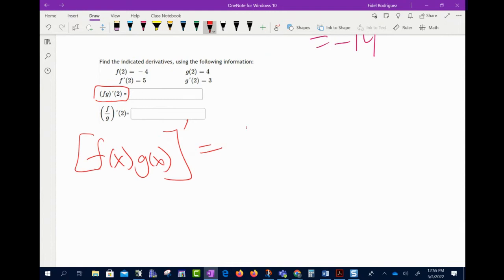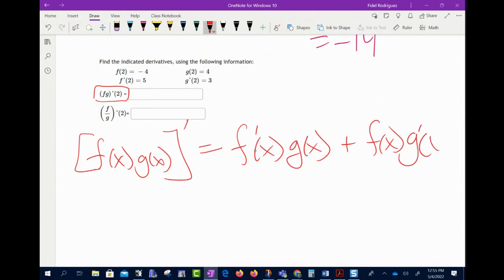I don't know if that makes sense, but what I'm going to do here is go f prime of x times g of x plus f of x times g prime of x. So if you notice, we took the derivative of one of them with the second function, and then the derivative of this one with that one by itself, right? Now, which one do you put first, second? It doesn't matter. You know why? Because we're adding, right? And when you add, it doesn't matter which number comes second. Does that make sense?